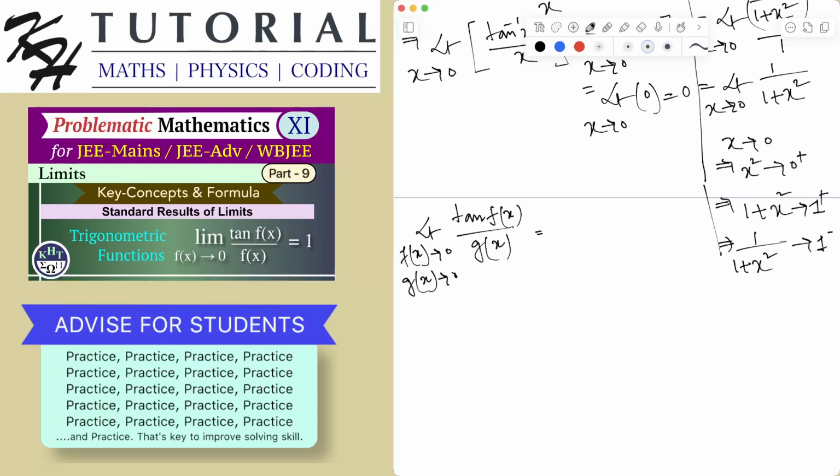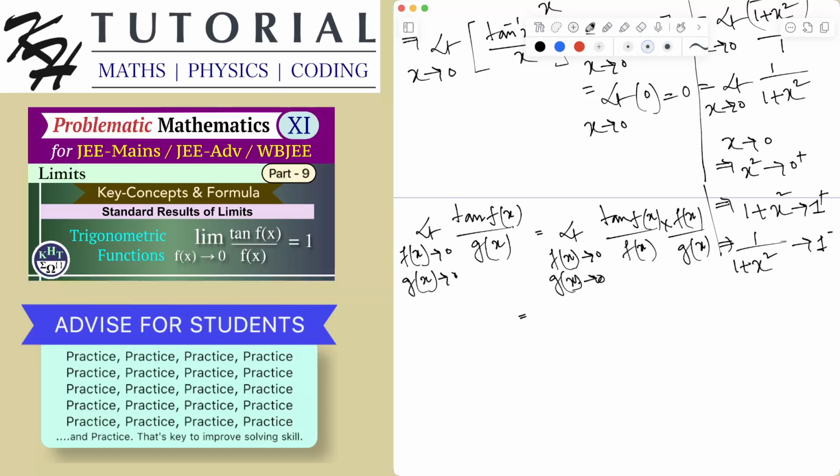The concept is the same as sin f(x) by g(x). I will create f(x) in the denominator and I will adjust it. So this is equal to the limit, f(x) tending to 0, g(x) tending to 0, of tan f(x) by f(x) multiplied by f(x) divided by g(x).